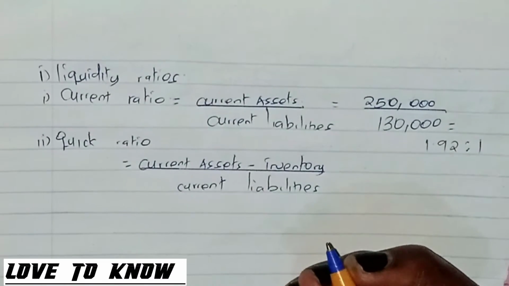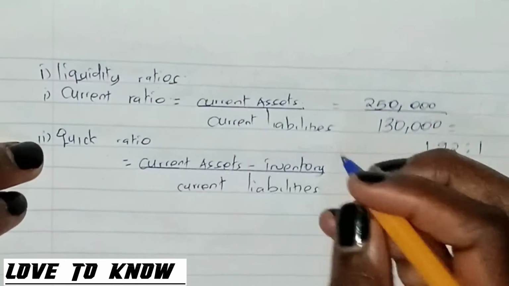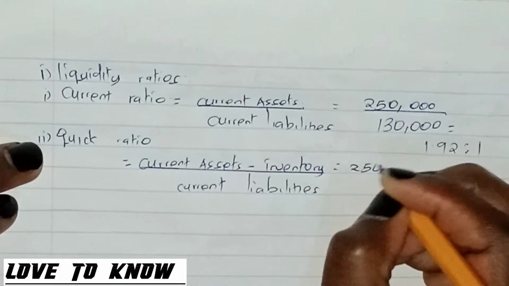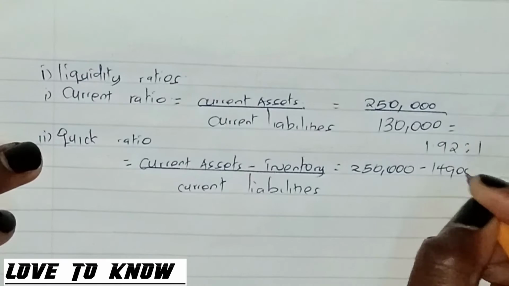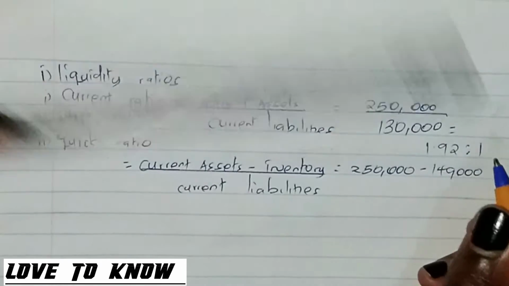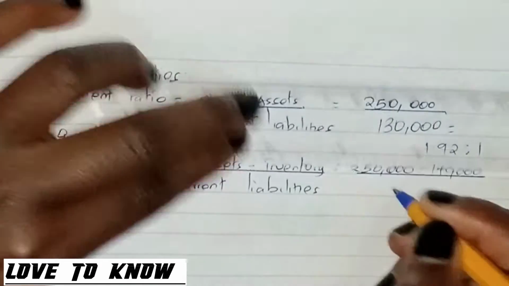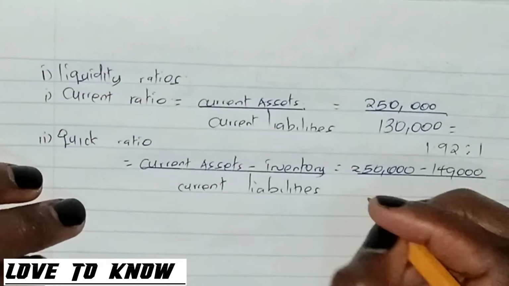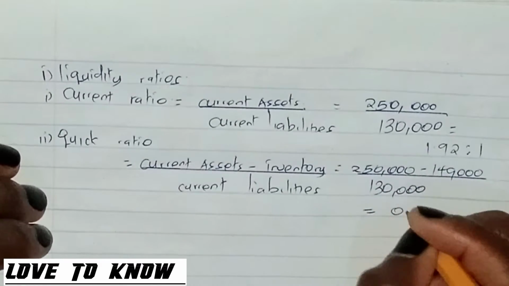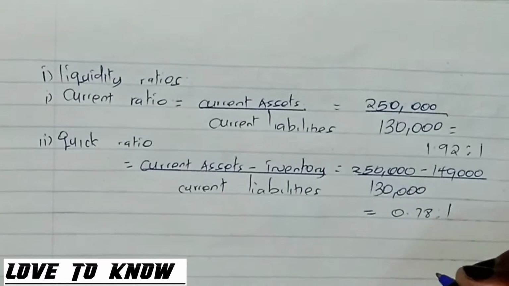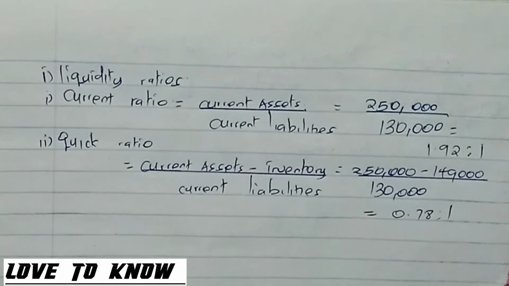From the question, the current assets is 250,000 and the inventory is 149,000. The current liabilities is 130,000. This gives a ratio of 0.78:1. The liquidity ratios are the two, the quick and the current ratio.